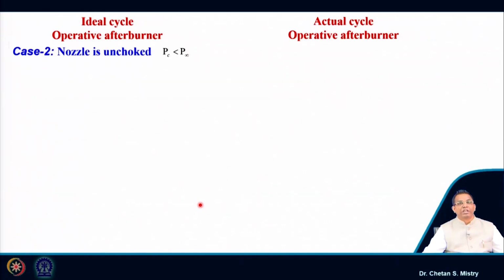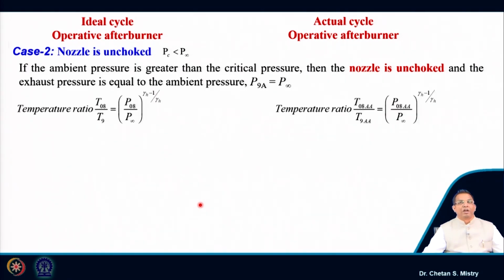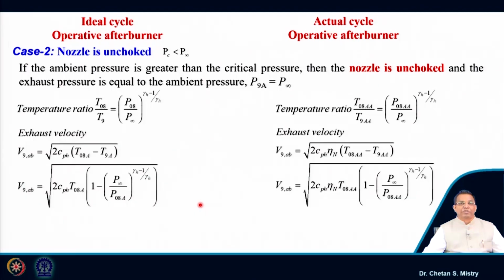Similarly, if I consider the unchoke configuration, when my critical pressure is lower than my atmospheric pressure, my exit pressure is my atmospheric pressure. For this also we can calculate the temperature ratio, and from that the exit velocity.